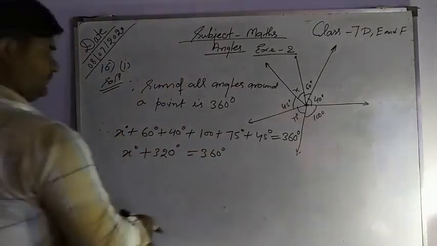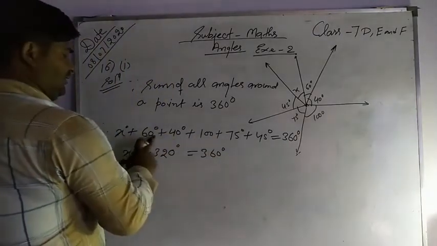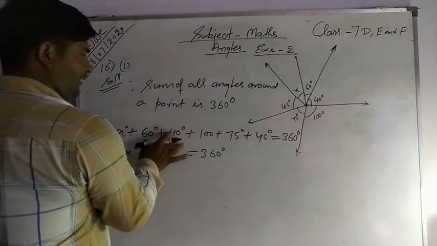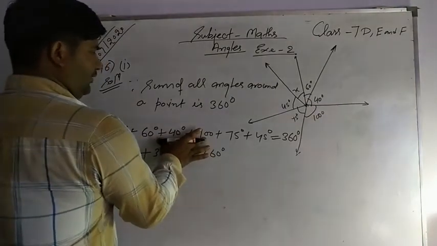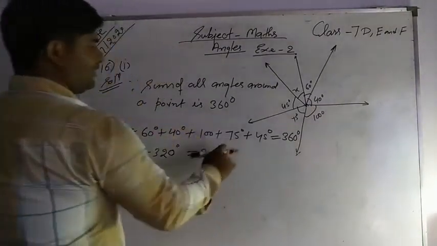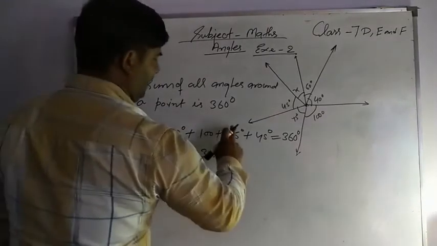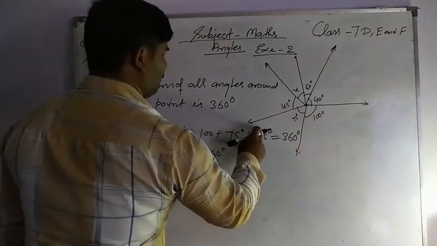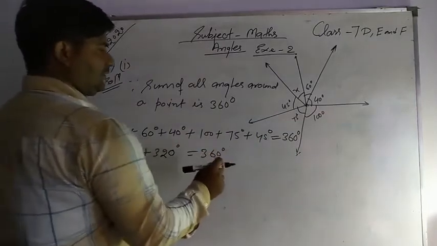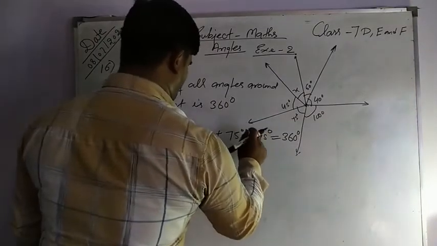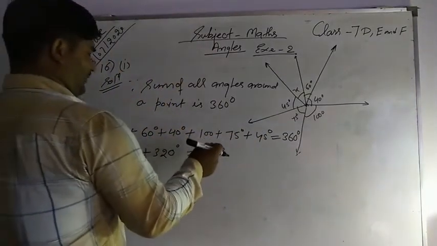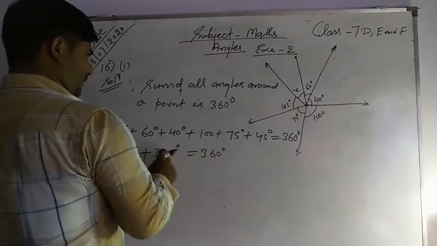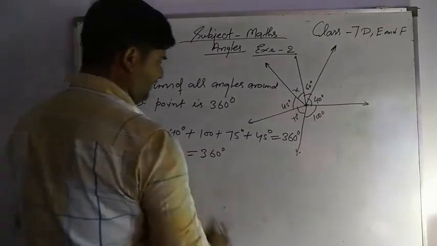Check it again. Then 60 degree plus 40 degree is equal to 100 degree. 100 plus 100 is 200. Okay, now 5 plus 5 is 10, 1 carry, and 7 plus 4 is 11 plus 1 is 12, and plus 10 is equal to 22. Okay, so it gives 320 degree.